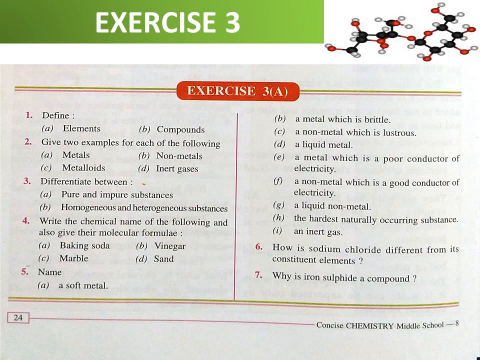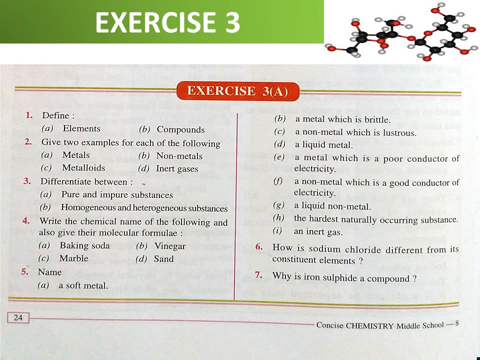Coming to the next question, that is compounds. Compounds are made up of different types of atoms. They are pure substances, of course, and the atoms belong to different elements. So definition wise, compounds are composed of different types of atoms of different elements, and are pure substances, not homogeneous in nature.